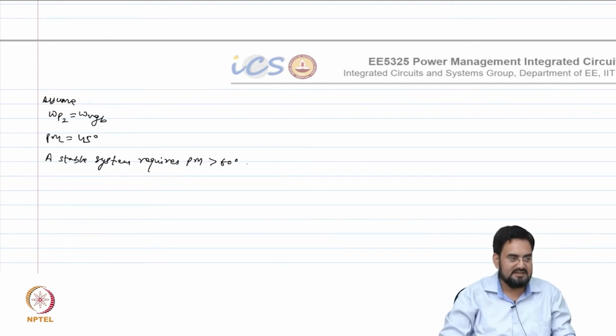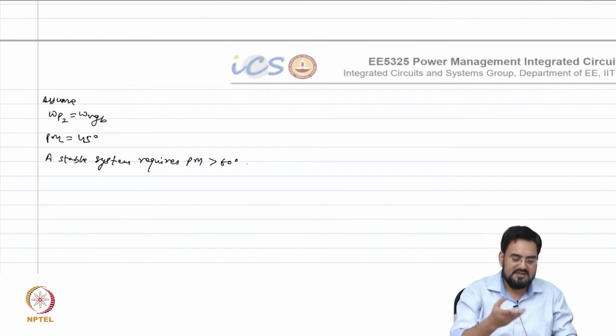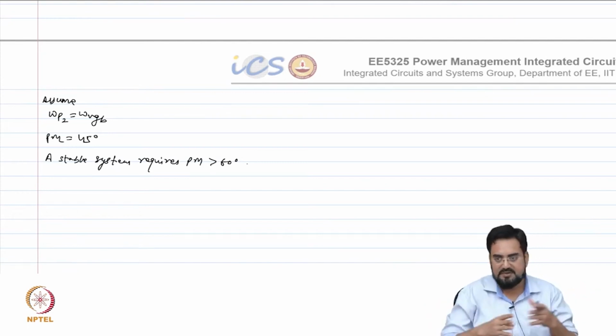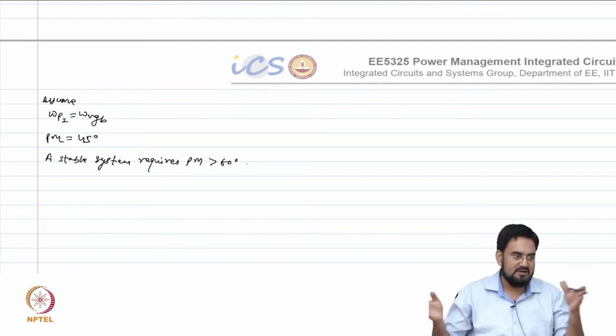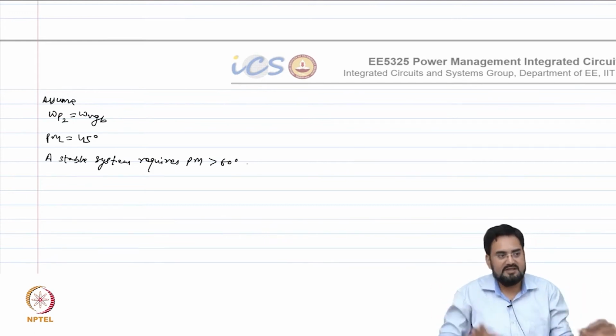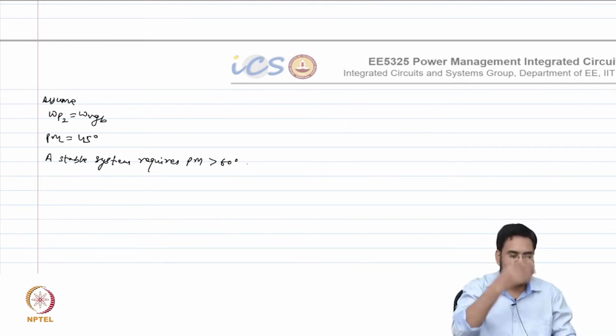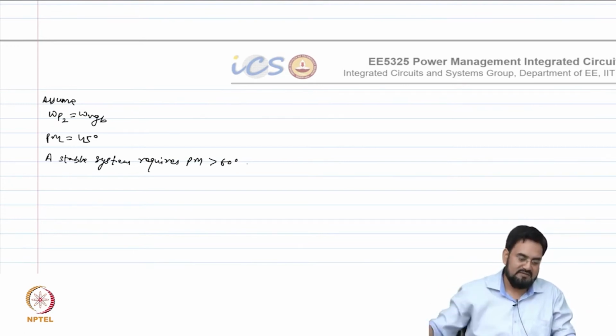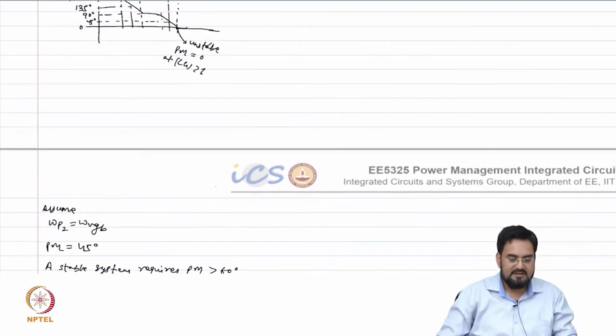Okay. So, practically this is the requirement, that when you are designing a system, a good stable system will always have a phase margin of around 60 degrees or higher. So, 45 degree is a very badly designed system, even though it is stable. Practically we consider it as an unstable system below 45 degree, even though theoretically it is not. That is why never design a system which has a phase margin 45 degree or below. Even if you design with 55 degree or so, that is okay. Sometimes your phase margin may vary across the corners, so at the worst corner, if you have 55 degree or so, then it is acceptable, but never hit 45 degrees, it will have a lot of ringing.